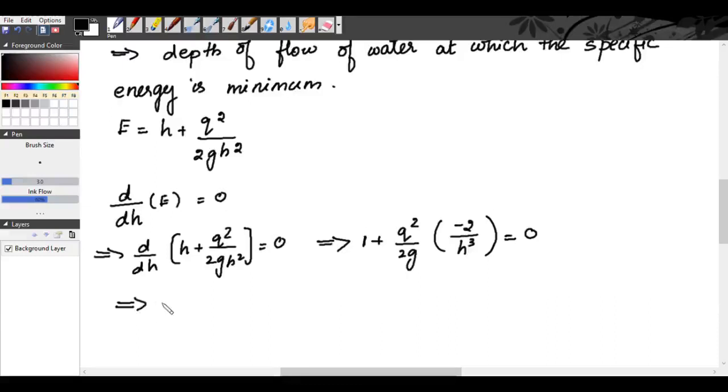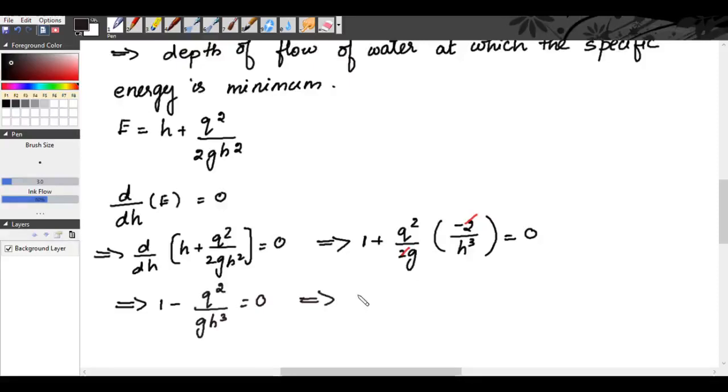So from which we get 1 minus, you can cancel this 2 and 2, so we get 1 minus q square by gh cube is equal to 0.